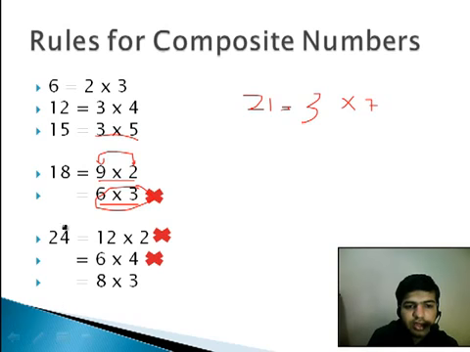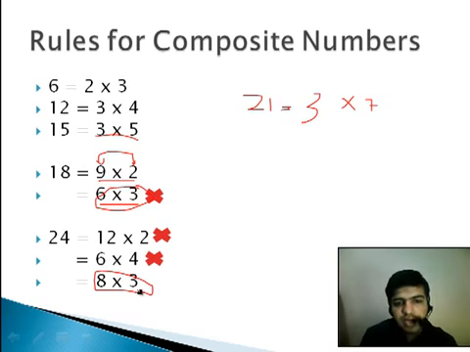In other cases like 24, we have several splits: 2 into 12, 4 into 6, and 3 into 8. Among all these, 2 and 12 are not co-prime numbers, and 4 and 6 are not co-prime numbers, but 8 and 3, yes, are co-prime numbers. So if the number is a multiple of 3 as well as 8, the number will always be a multiple of 24.